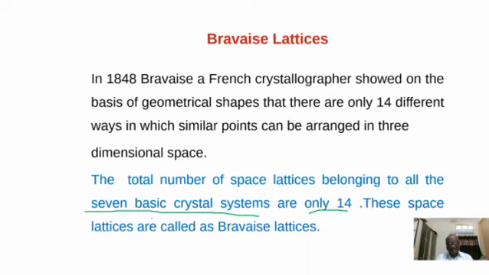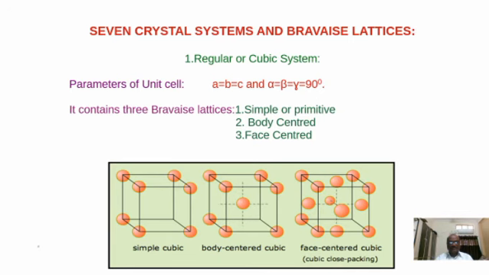How many crystal systems are there? 7 crystal systems. How many ways can we arrange points in all these 7 crystal systems? 14. So this 14 is the Bravais lattices. Let me discuss the Bravais lattices across the 7 crystal systems.